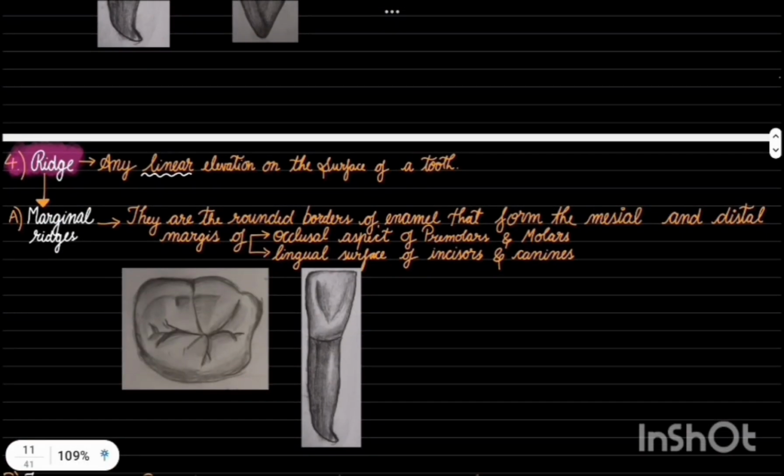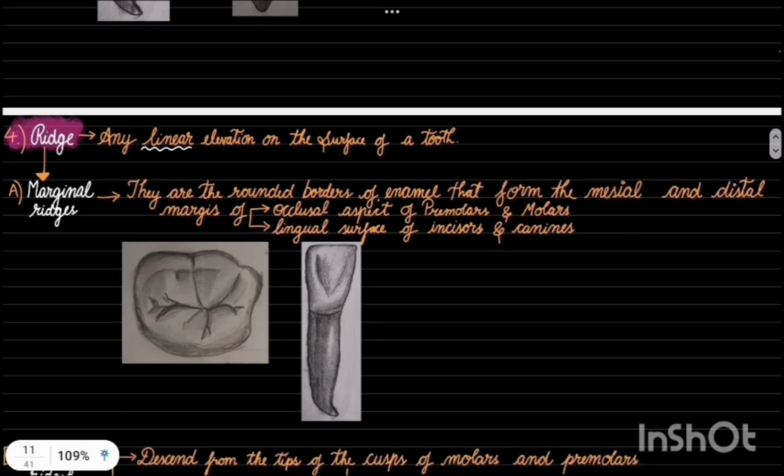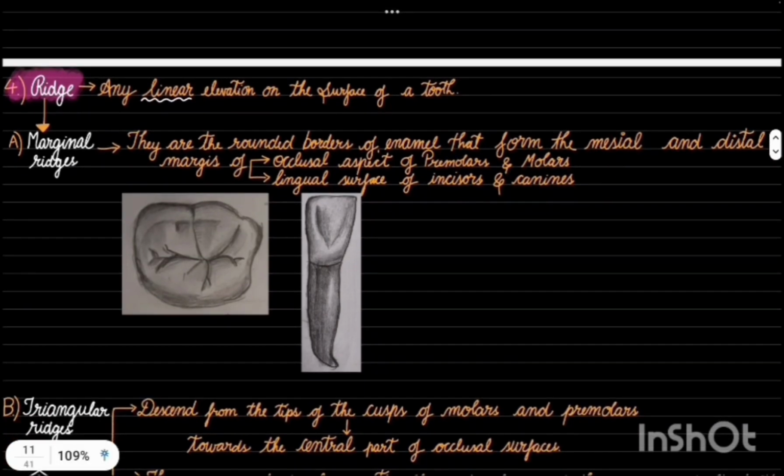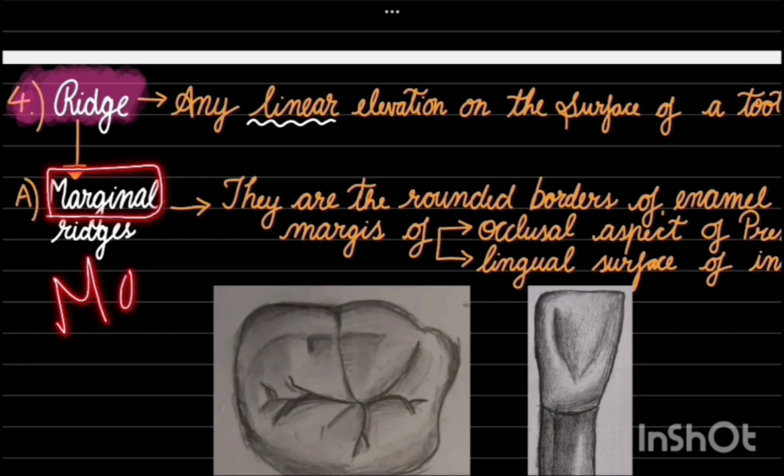Moving on, we have ridge. Now ridge is any linear elevation. Linear means line-like, an elevation which resembles a straight line. So the first linear ridge is the marginal ridge. Now as the name suggests, marginal, this marginal ridge will be present on the margins of the tooth.